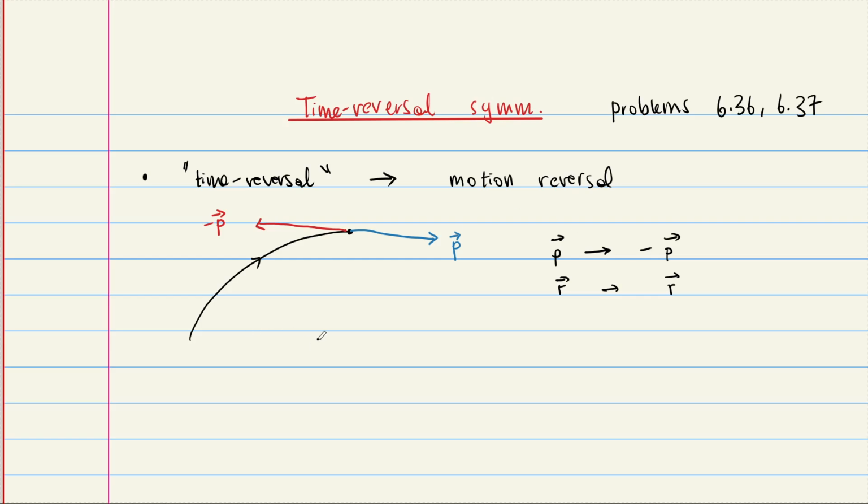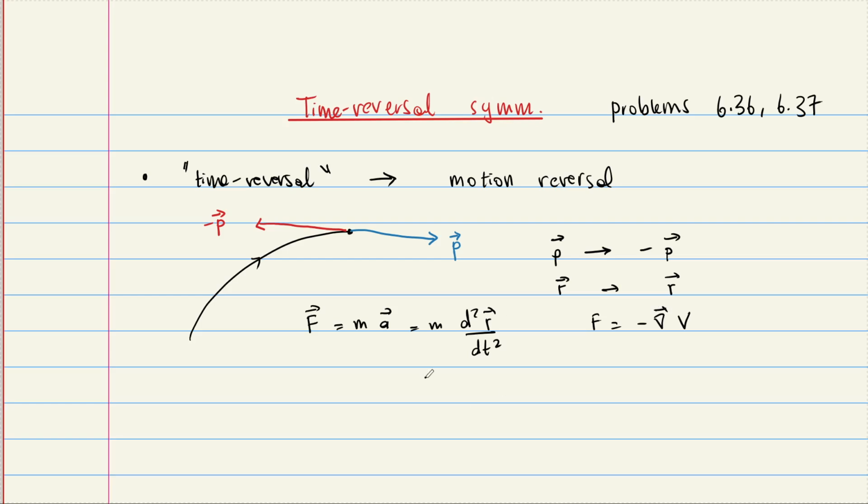If you think about Newton's laws, F is equal to ma, which is m d squared r over dt squared, and here F is some force, the gradient of some scalar potential.